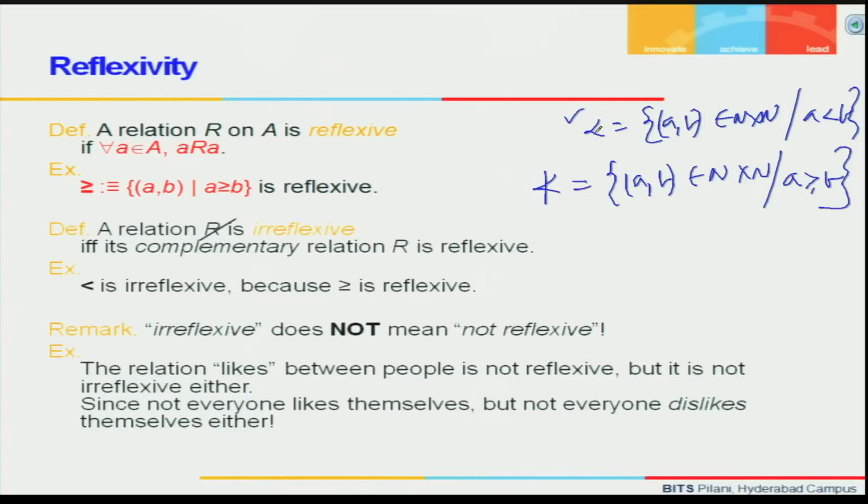Now for this to be irreflexive, the complement has to be reflexive. Is this reflexive or not? Yes, it is very much reflexive. You take any natural number x, then x is greater than or equal to x, hence (x, x) is going to be there in this particular relation. (x, x) is going to be there in the complement of the less than relation, and this is true for all x.